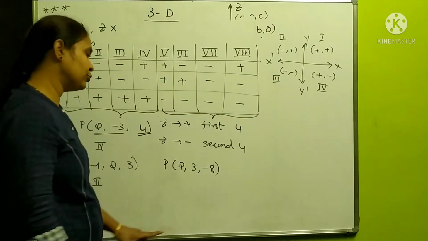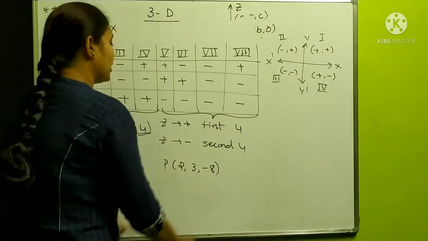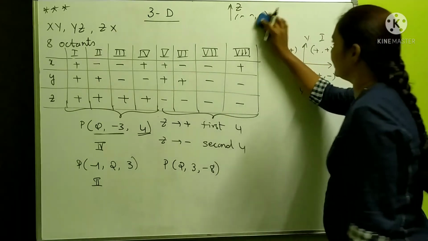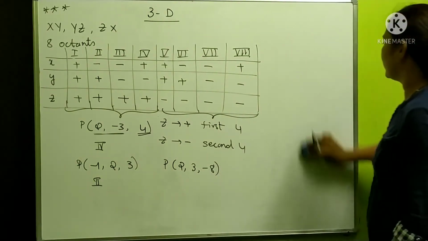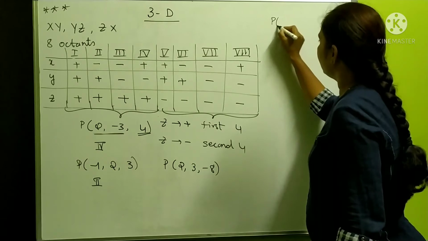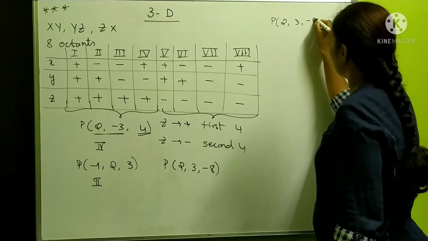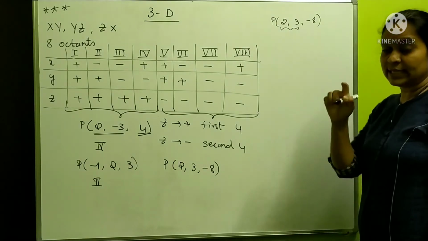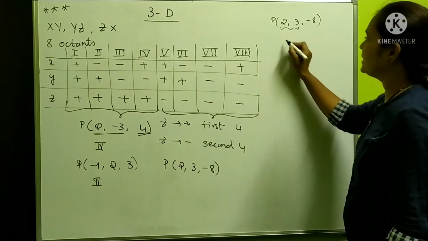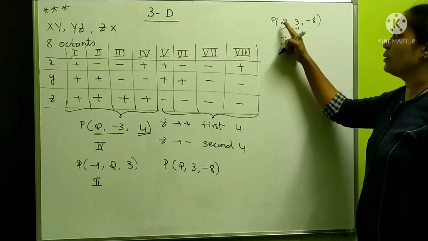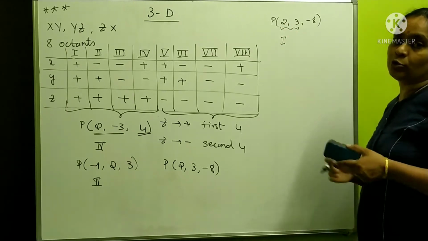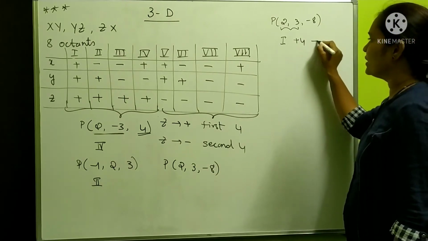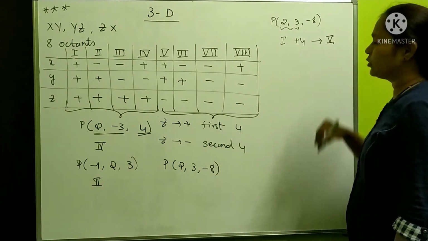See, plus, plus means both are positive, so according to this, if you go for quadrants, it is the first quadrant. If you want the octant, if Z is negative, add 4 to this. Therefore, you are going to get the 5th octant.